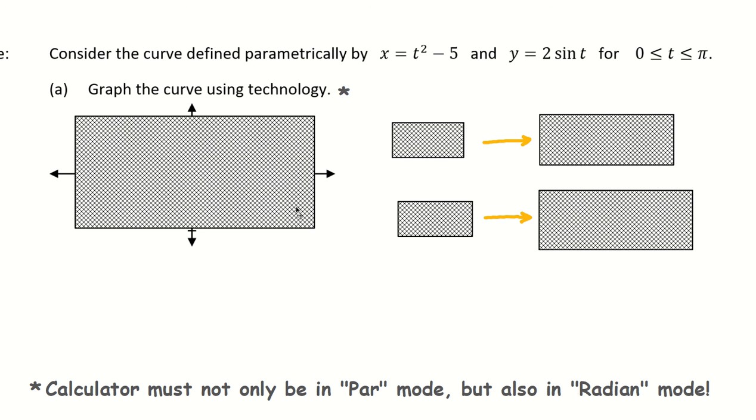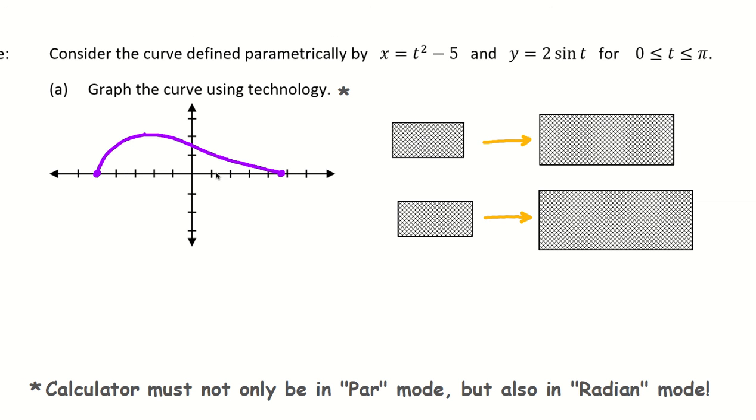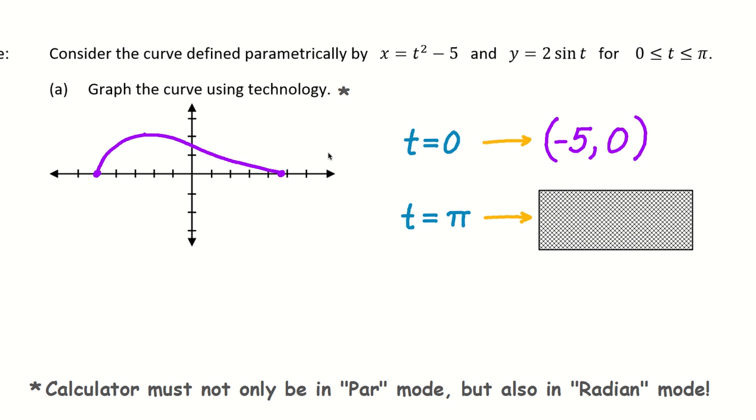So try that on your calculator. Pause the video if you need to, and make sure you're able to see this. And I believe you can even throw these values in somewhere into your calculator, or you can just investigate that on paper. If t equals 0, that's basically your starting point, and then your ending point.